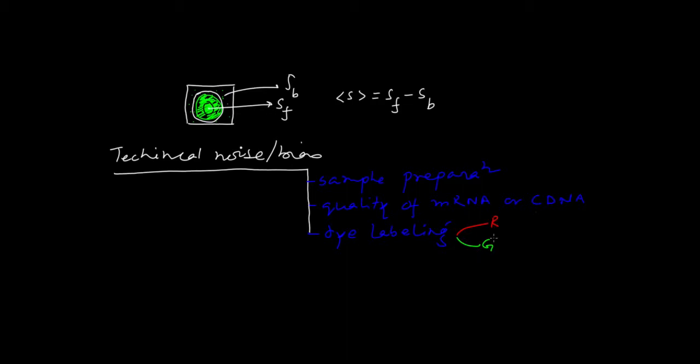These are two different dyes, two different fluorescent dyes. Let's say the red one is good and this is bad. So then you will get more red signals in your microarray scanning, right? So we need to take care of these biases. What else can be the bias?